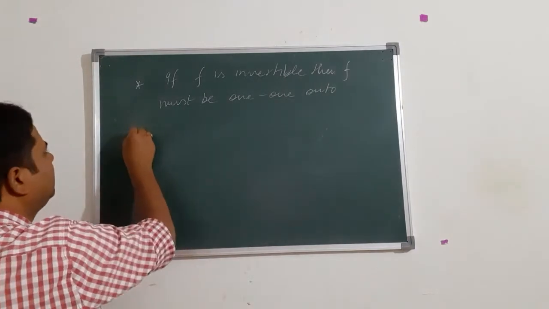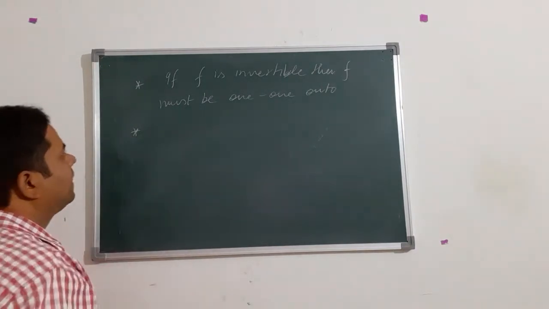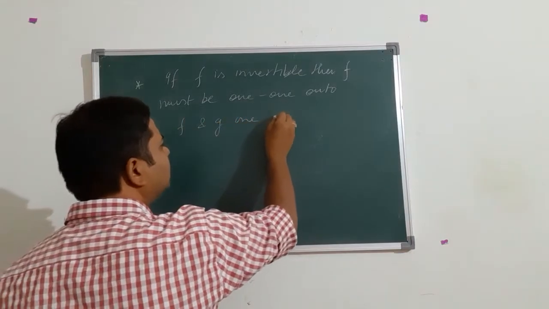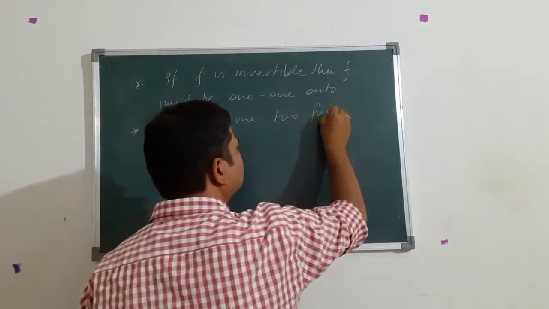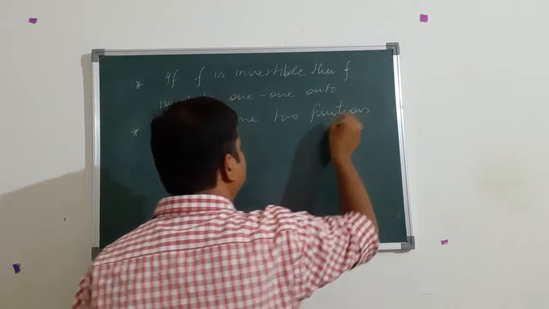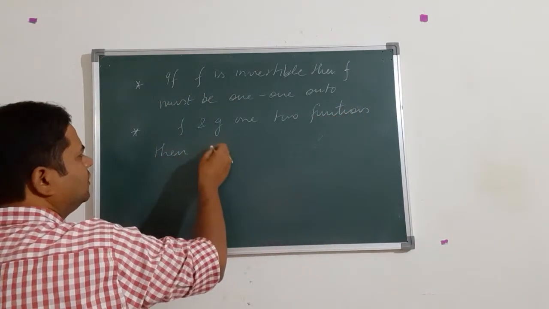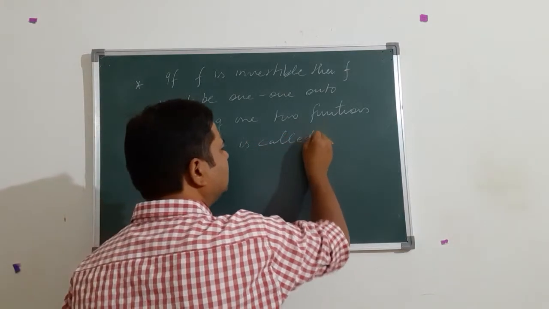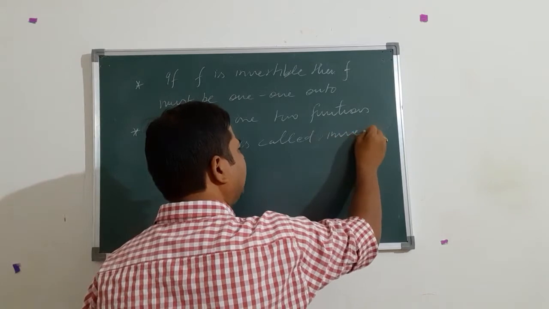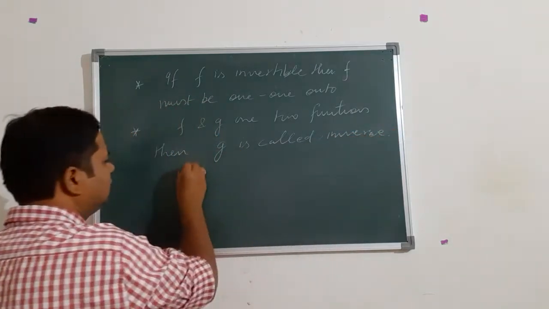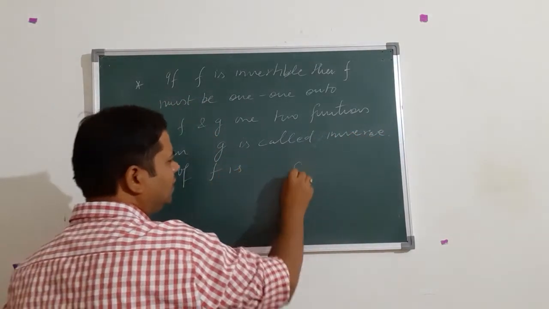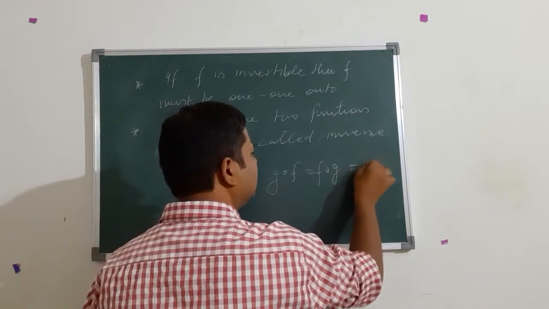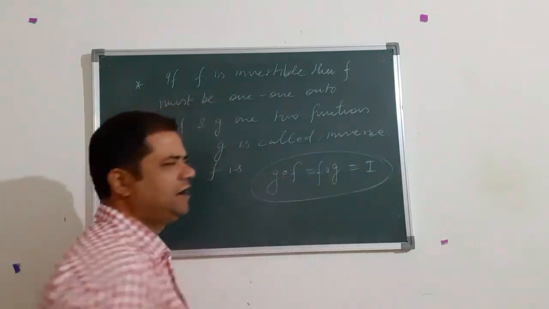Now the second one: if f and g are two functions, then g is called the inverse of f if f composition g equals g composition f, which is an identity function.